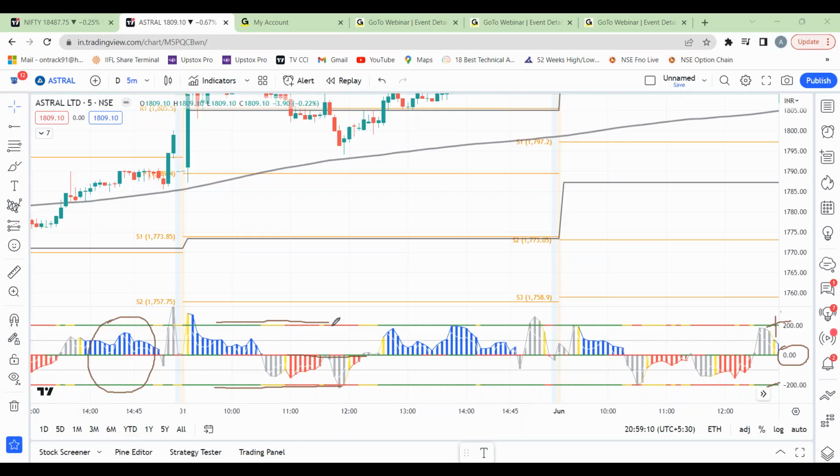So we have three lines: plus 200, minus 200 and 0. And you also get a trend line in this. You see this line with a thick border which keeps moving up and down. This is the trend line of this indicator. This trend line will show us the trend of the stock.